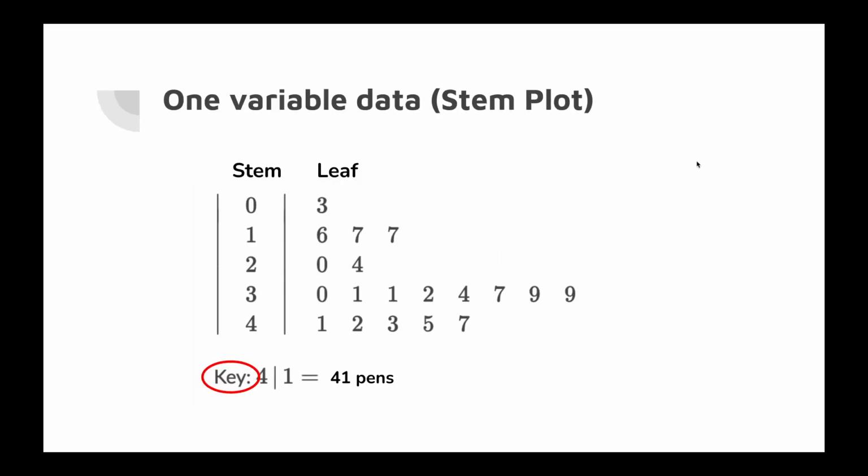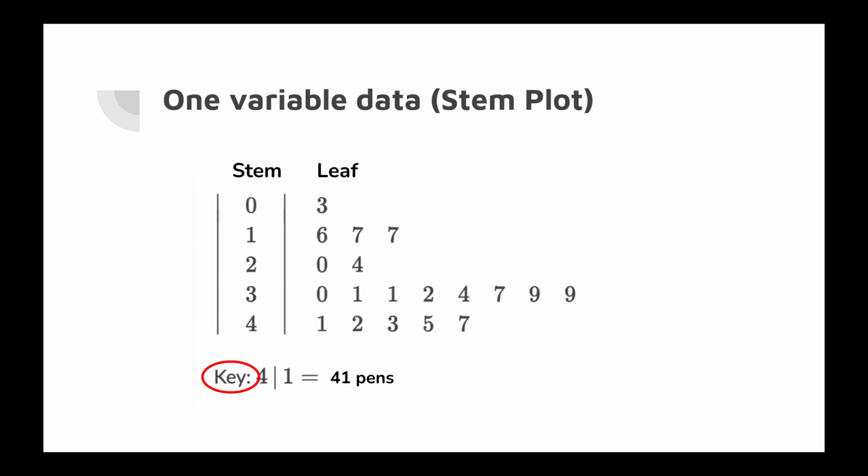Alright, let's move on to our next one, which is the stem plot. The stem plot graph consists of mainly two major parts. One is called the stem and the other is called the leaf. Let's take a look at how each one works.